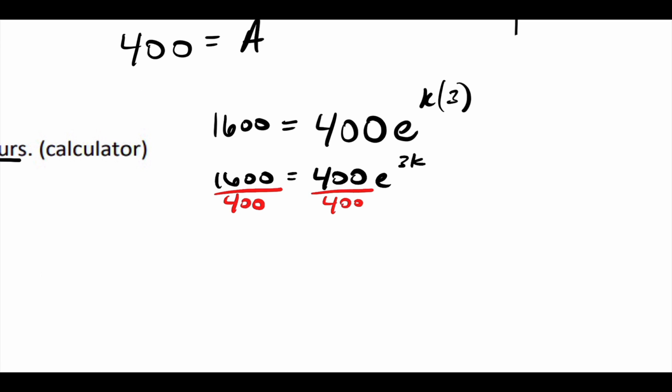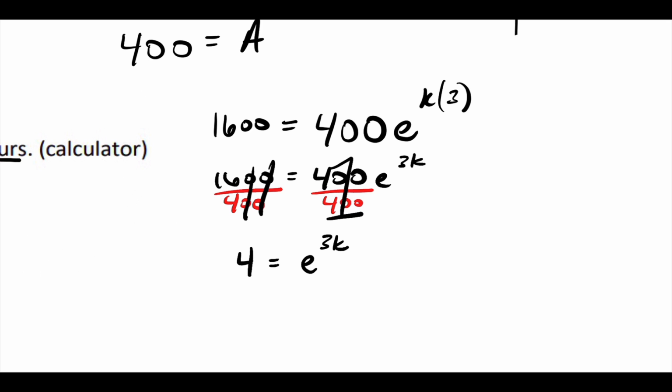Good, multiplication, so you can do that. So you get 4 equals e to the 3k, good. That helped a lot because now the big numbers went away. Where's my guy I want to solve? Up here.